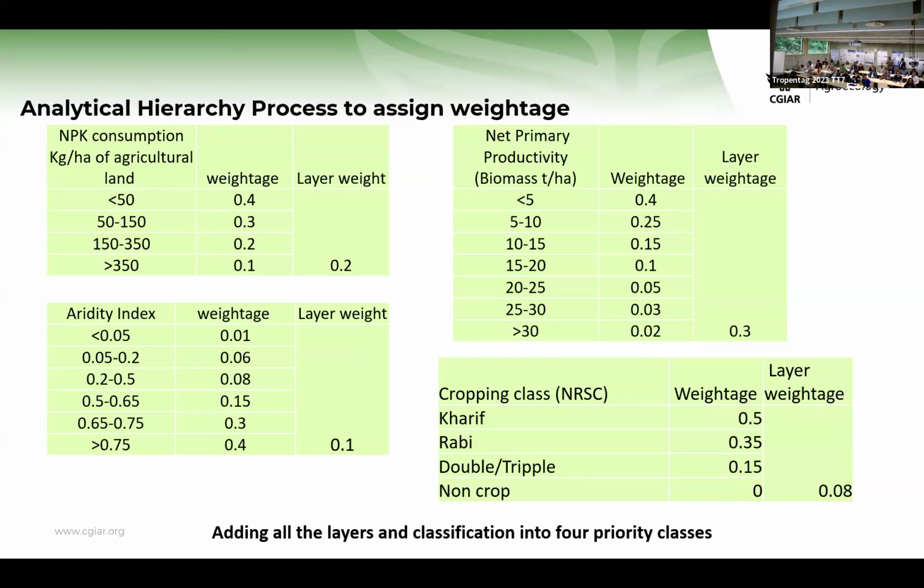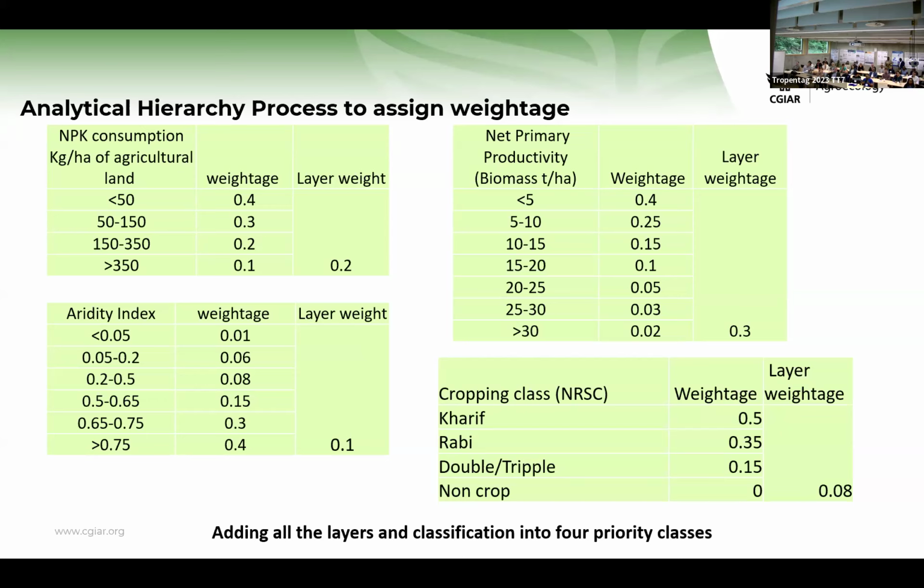For example, for NPK, whichever area is having NPK consumption less than 50 kilograms per hectare, the weightage should be given more. And vice versa, as the consumption increases, the weightage decreases. So you would assume that by about 150, the weightage should be very less.